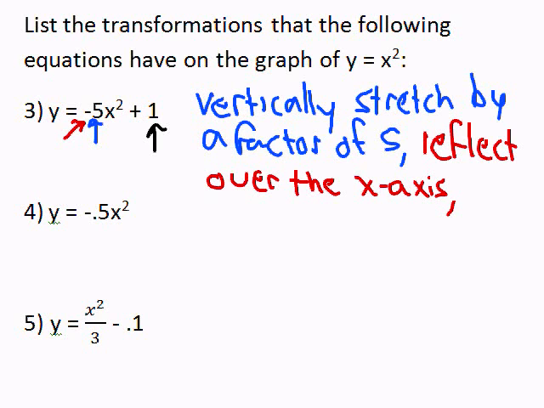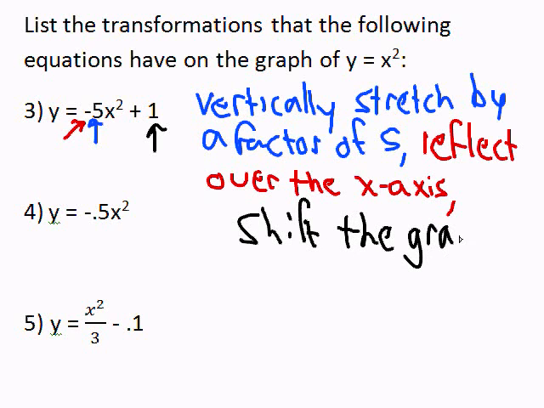And the 1 causes us to shift the graph up 1 unit. There you go. Go ahead and try 4 and 5 on your own, pressing pause and press play when you're ready to see the answer.